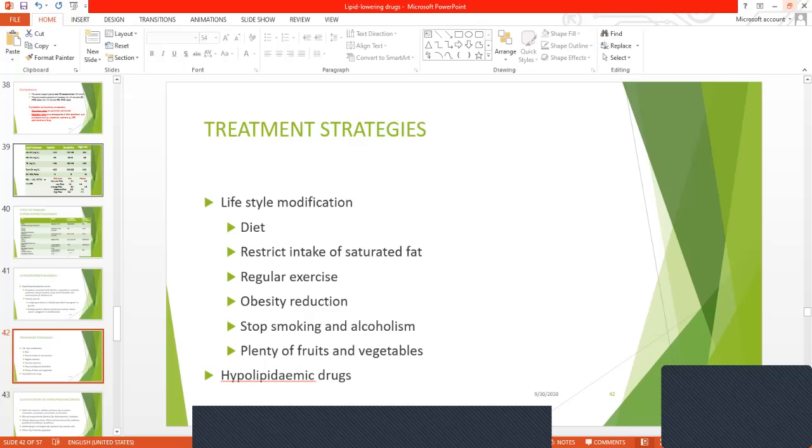So dietary measures are initiated first unless the patient has evident coronary or peripheral vascular disease, and may obviate the need for drugs. Patients with familial hyperlipidemias always require drug therapy.